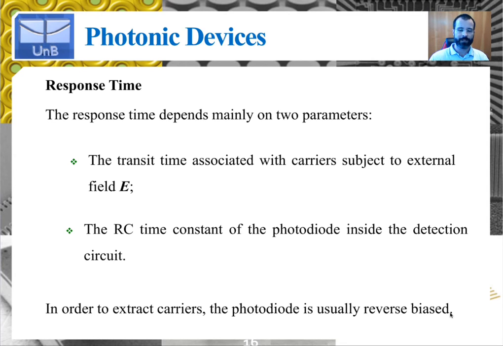Here we have reverse biased junctions, and this means that the junction itself is going to have a considerable capacitance associated with the space charge in the junction, right? The immobile ions in the P and N side of the junction, as we've said before, are going to have a capacitance because they will behave as if it were a parallel plate capacitor, basically, and therefore there is a capacitance associated with the device.